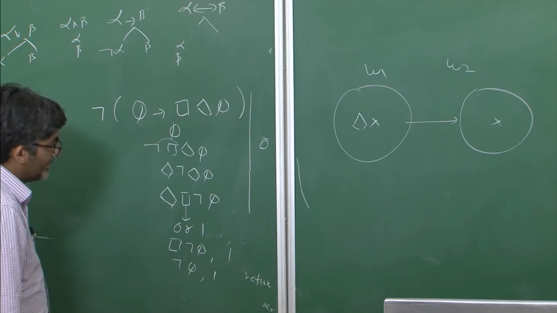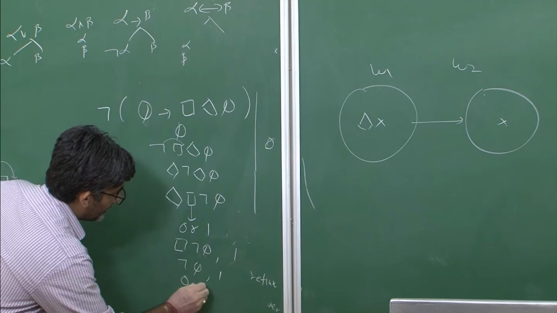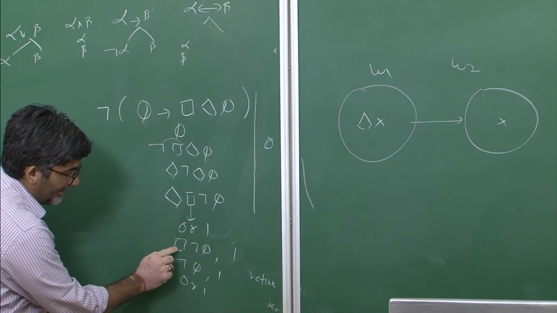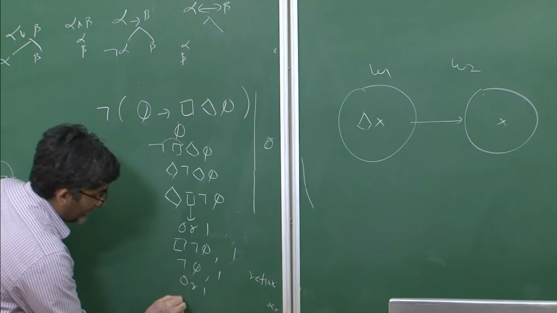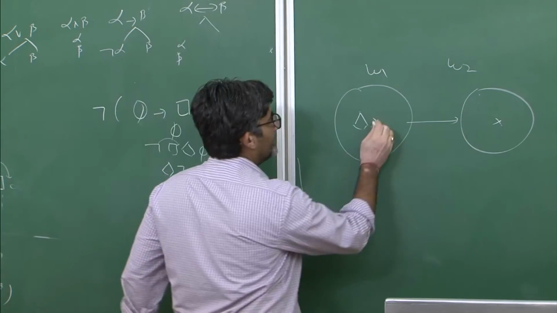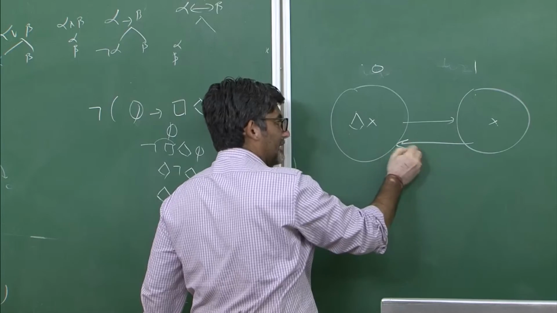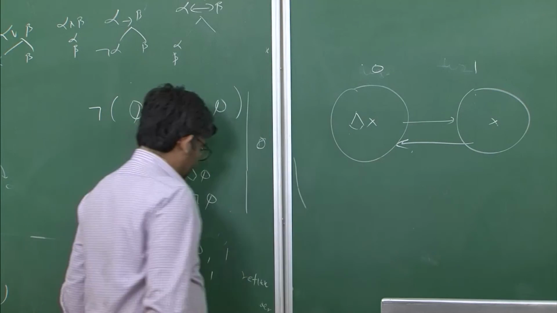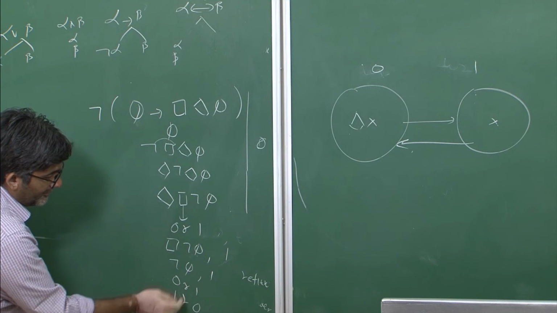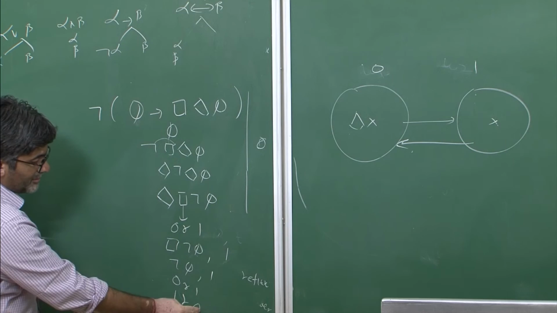So this branch closes only when we have a relation from 0 to 1, and if it so happens that in world 1, necessity of not phi holds. Let us assume that this is 0 and this is 1, and if 0 is also accessible from 1, in that case necessity of not phi is true in world 1, it has to be true in world 0 also, because 0 is accessible from 1.